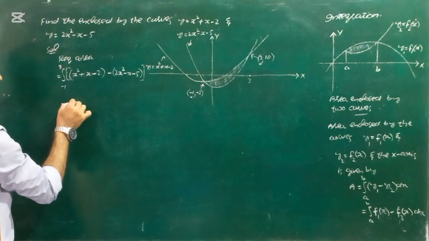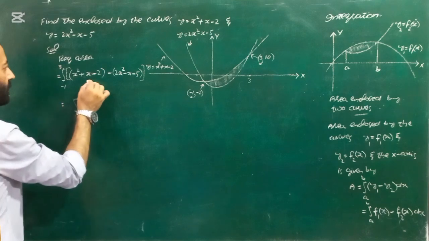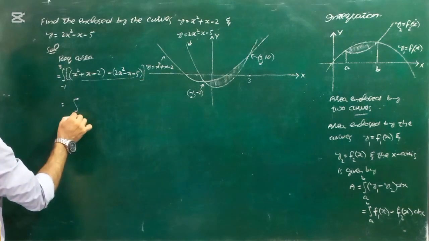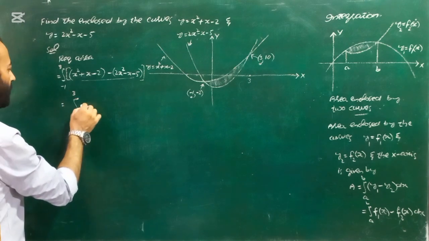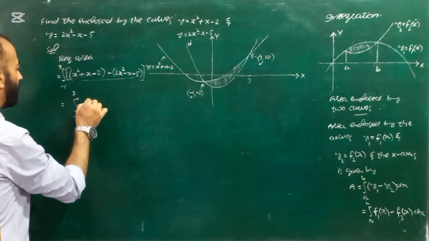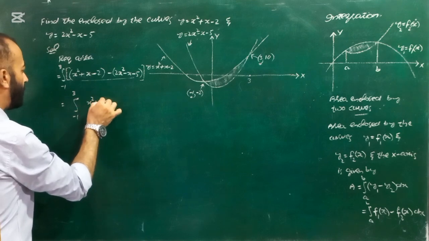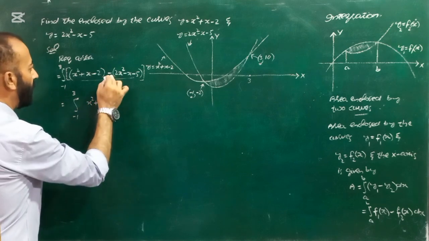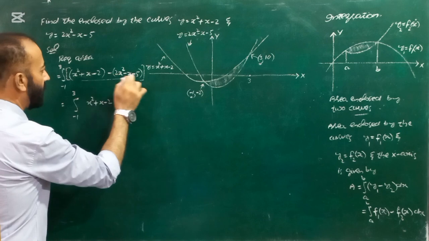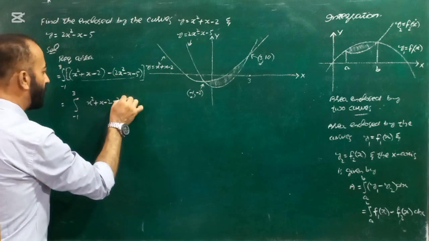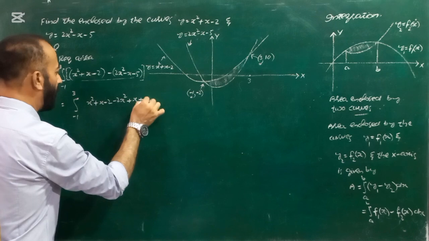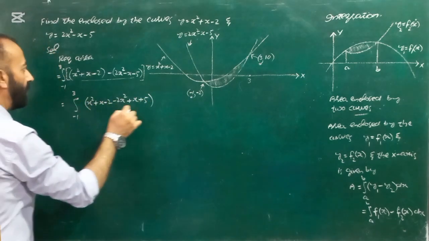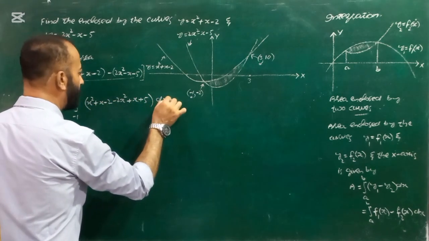And now we will solve it. So the limits and the sign of integration are still there. So x square plus x minus 2, because of this minus sign, signs will be changed. So minus 2x square plus x plus 5 into dx.